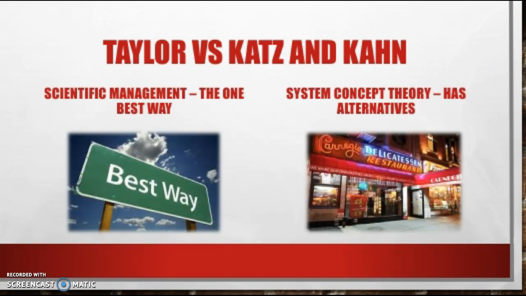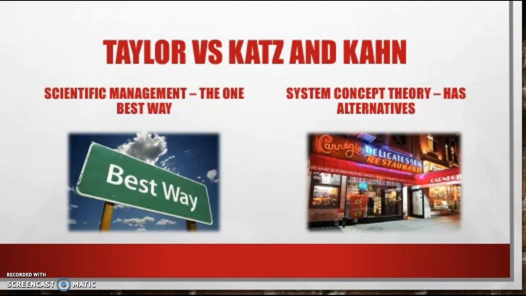We know from studying Taylor's scientific management that the purpose of his scientific management was to study a job and break it down into intricate parts and pieces and figure out the one best way to accomplish that job or task. Katz and Kahn's system concept theory differed from Taylor's scientific management in the one best way by rejecting the concept that there was one best way to achieve the goal.